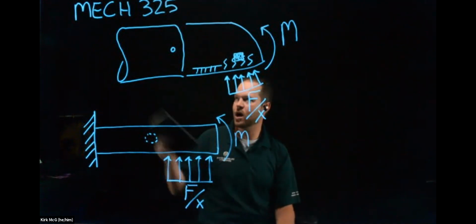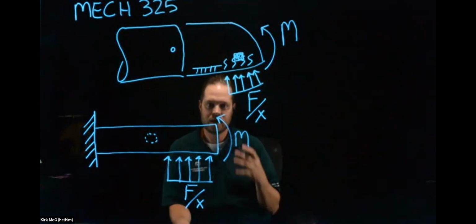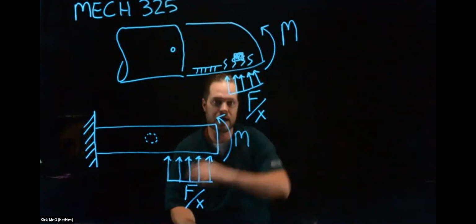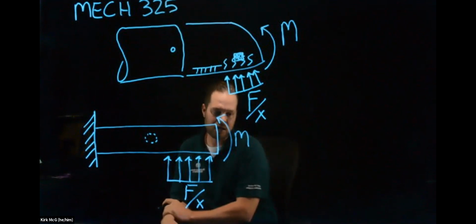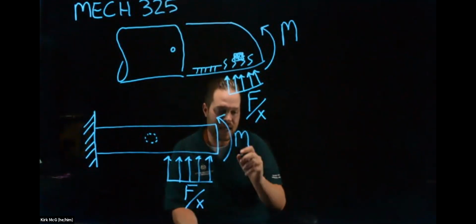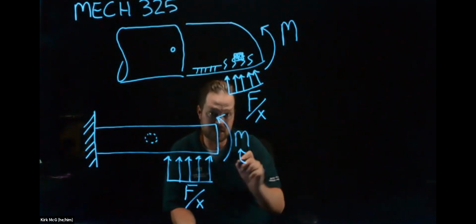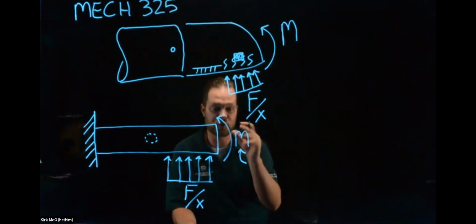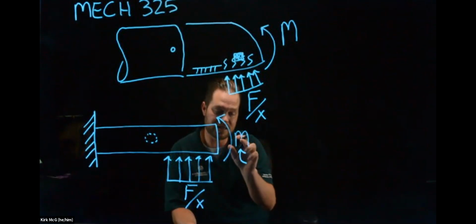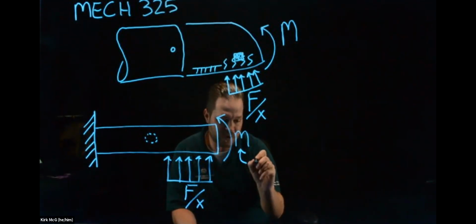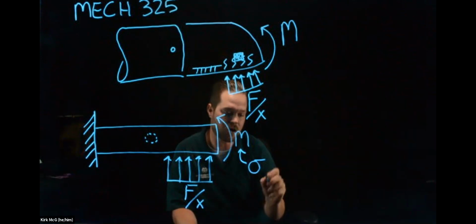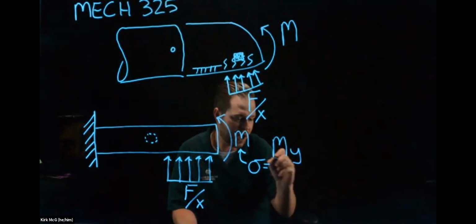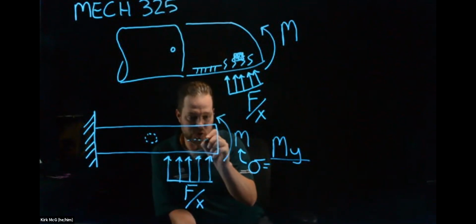So let's think about what we talk about in MECH 325. It's all about stresses and how those stresses relate back to our component design. So how would we look at this? In this class, we would learn that this moment, a moment being a force times a distance, generates a stress. The formulation for the stress, force over area, has the form sigma, that's stress in our world, equals the moment times y, where y is the distance from the neutral axis.